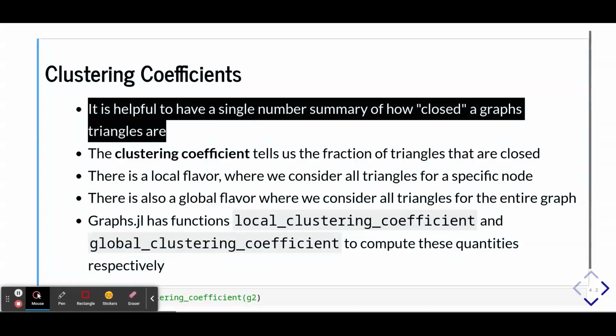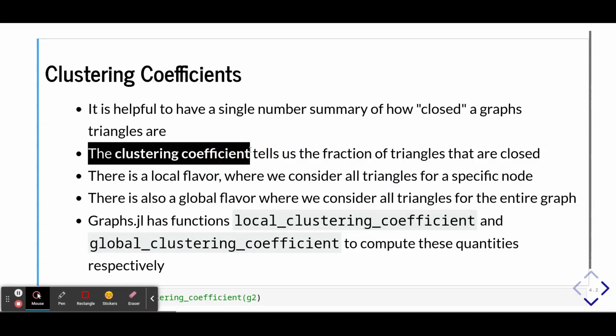Now, the functions we just saw didn't give us a single number to summarize that. From the node perspective, we had a pair of numbers, which is possible triangles and closed triangles. But from the graph perspective, we ended up with 10 different numbers. We ended up having a number of closed and open triangles at each node.